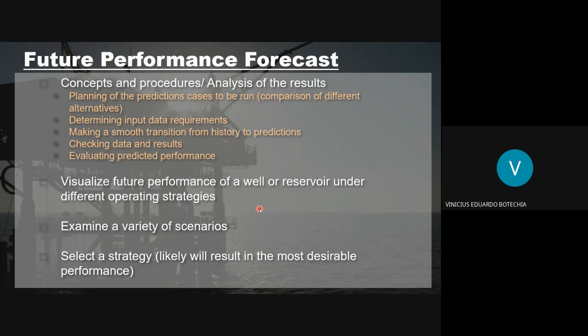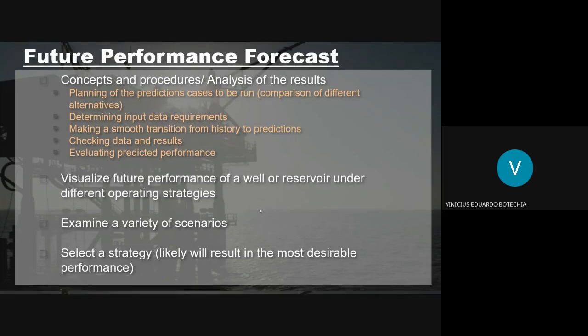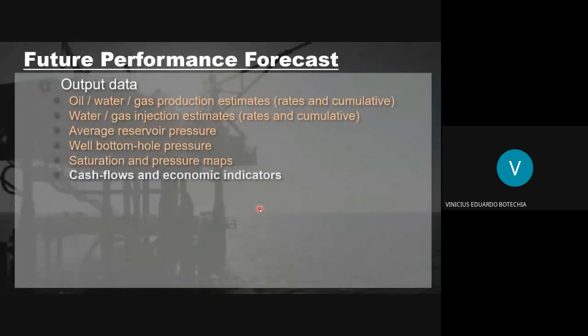If you want to lower costs and so on. So to forecast future performance, you have to analyze some data, right? I put this in orange, the simulation outputs that can be used for analysis. These are the most common to be used for analysis, but you can have lots more information to be used, right?